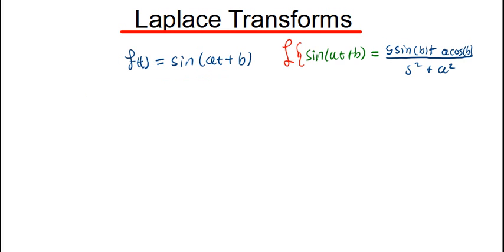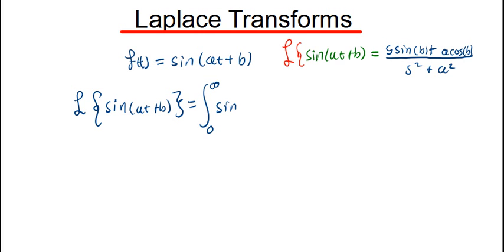So I'm going to say the Laplace transform of this function, sine at plus b, is equal to the improper integral from 0 to infinity of sine at plus b multiplied by e to the minus st dt.